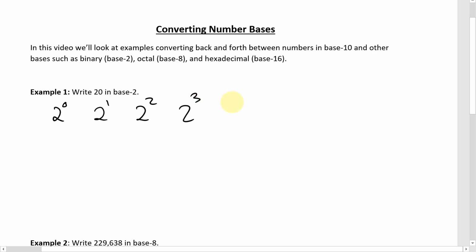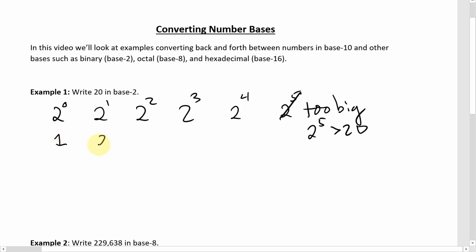That's still less. So 2 to the power 4 is 16. 2 to the power 5 is 32, and that's greater, so I won't need this. It's too big because 2 to the power 5 is more than 20, and I won't use it in my calculation. Now let's look at what each of these values are.